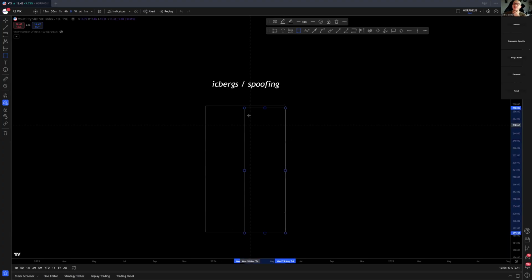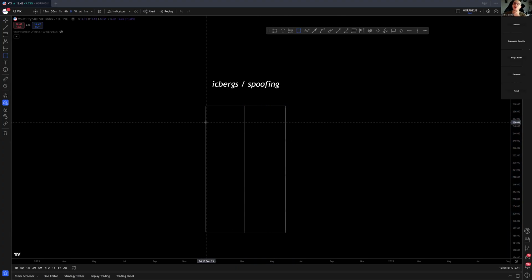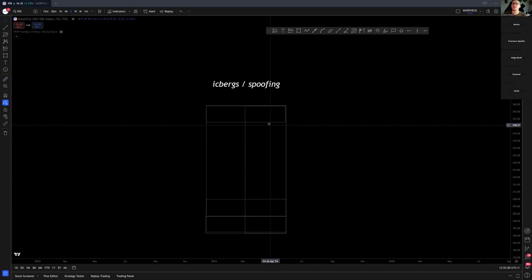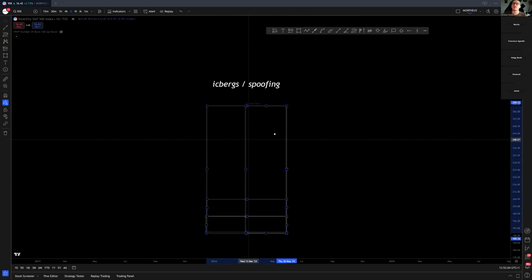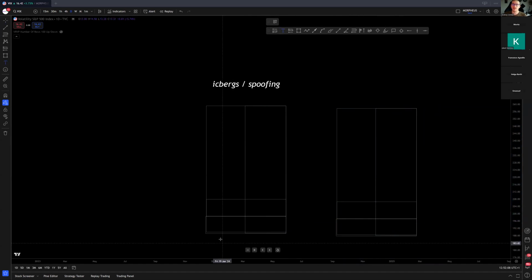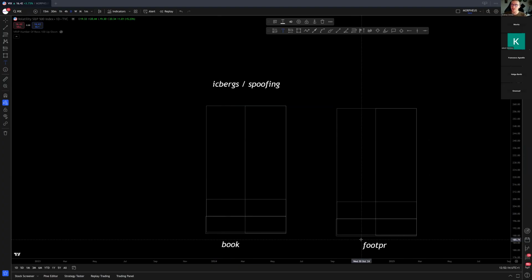I'm sorry, I have this occupational hazard, and I always draw on TradingView for some reason. So let's have our book here. Pretend this is our book. And let's have our footprint here. Then we're going to see a practical example of this happening.